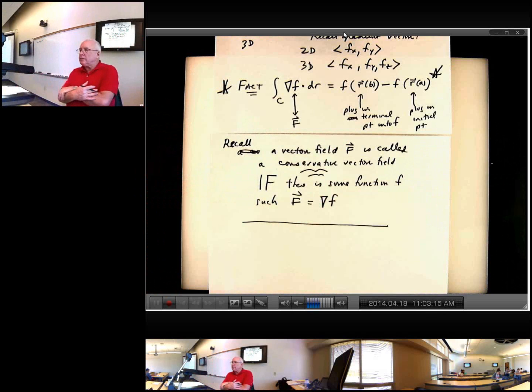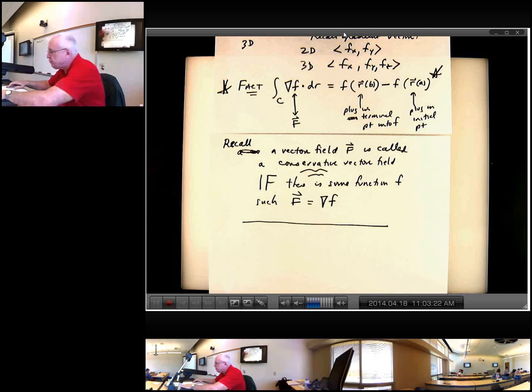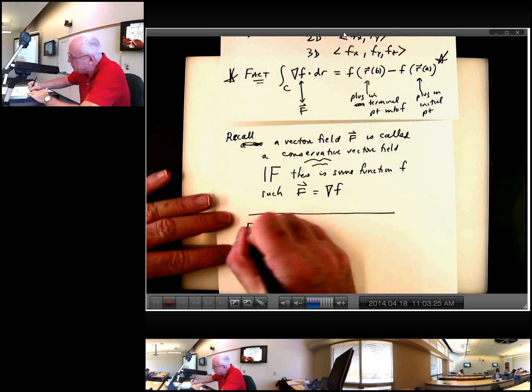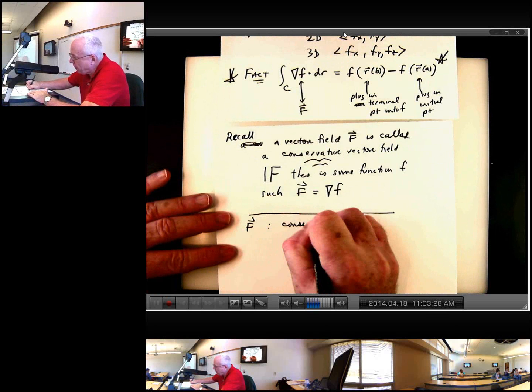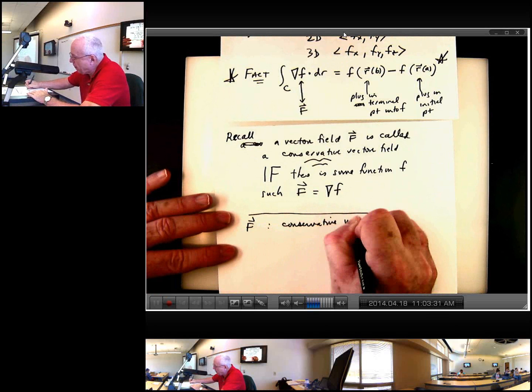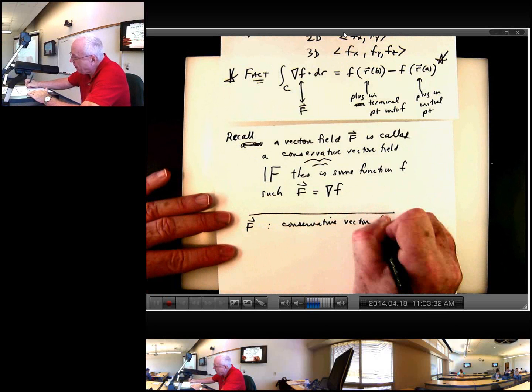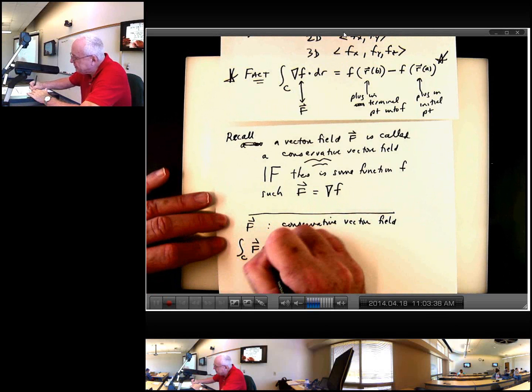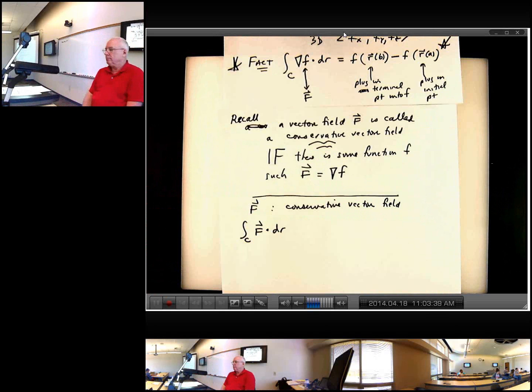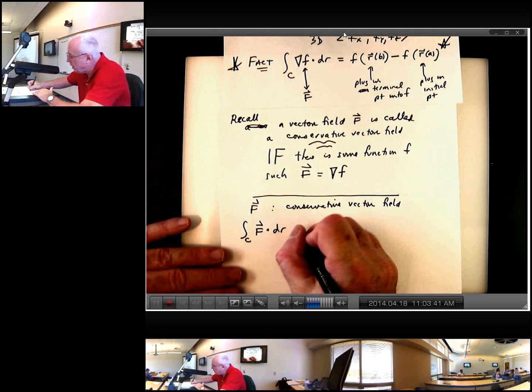So we're going to see here that conservative vector fields are nice, because suppose F is a conservative vector field. Then, if we're doing this integral, F dot dr, well, guess what?